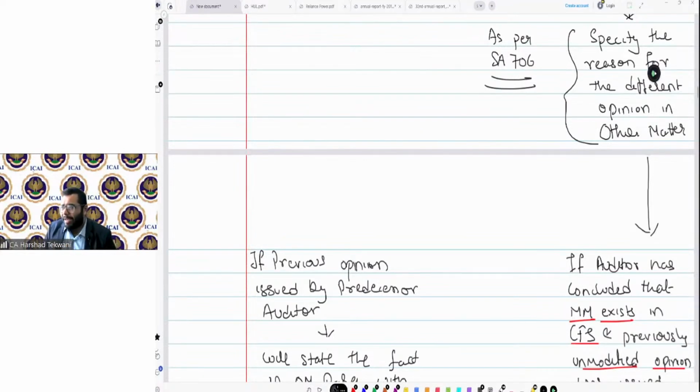Examples of difference in opinion are very difficult to find. The reason is that opinion on comparative financial information is not easily available. Unless there's a specific requirement in a special purpose framework, basically no comparative financial information is given.